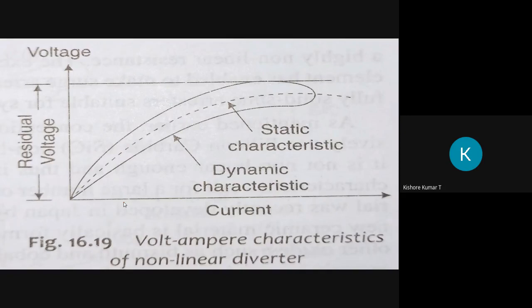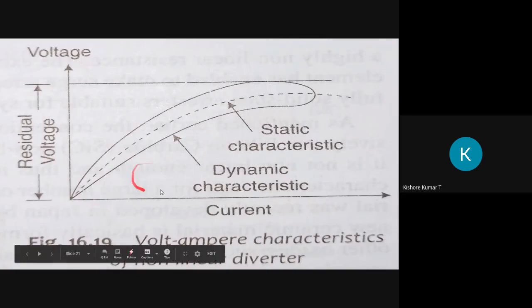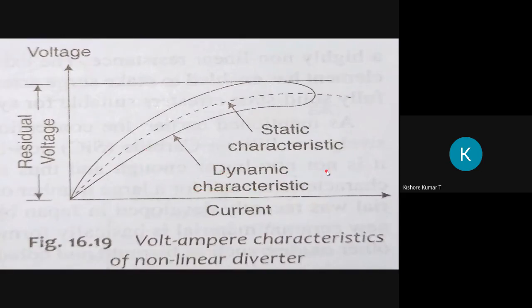So that is how a linear resistor has its volt-ampere characteristic. Whereas a non-linear resistor will exhibit different resistance values for a single current level based on the voltage applied to it. Is it clear? So this is the characteristic exhibited by a non-linear resistor.